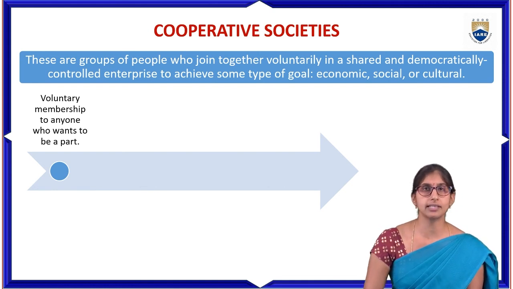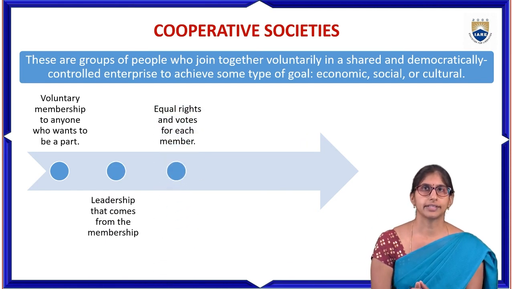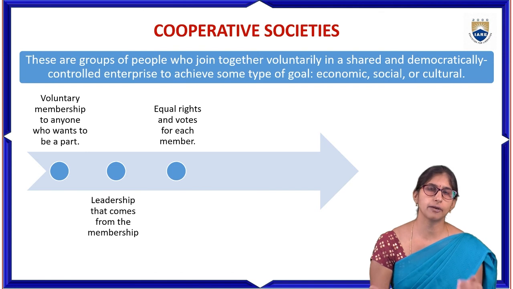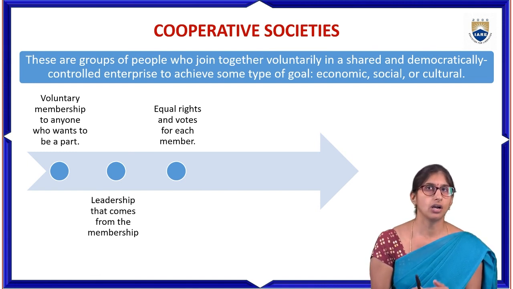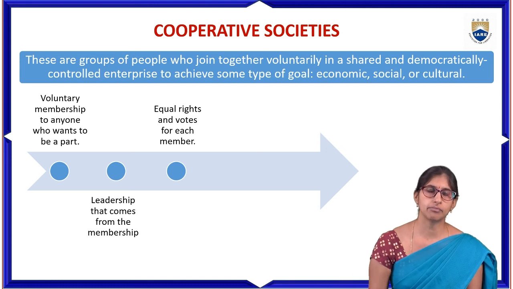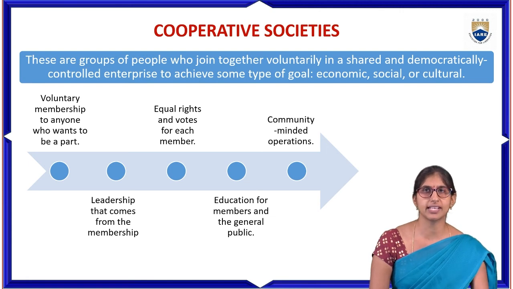And the next one is that all the people who have formed this cooperative society are equal and have an equal right to vote and elect a member for the cooperative society. And next is education for the members and the general public can be given. And this is generally seen in community-minded operations.